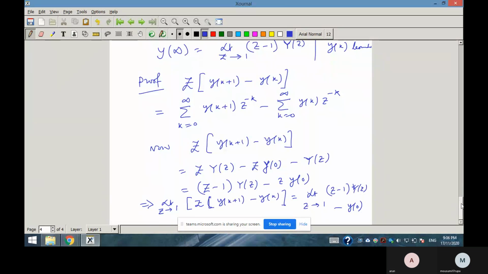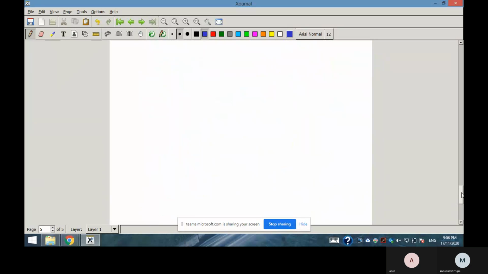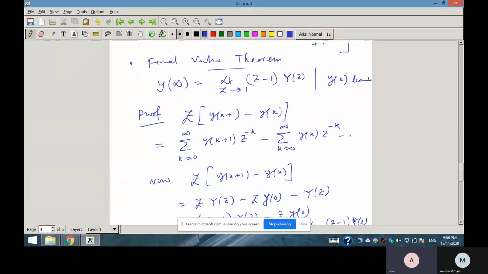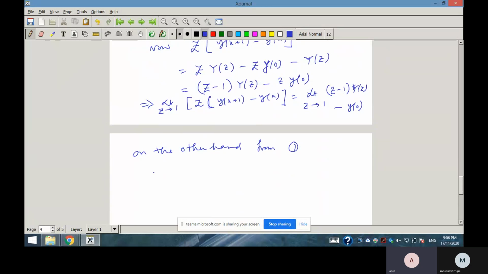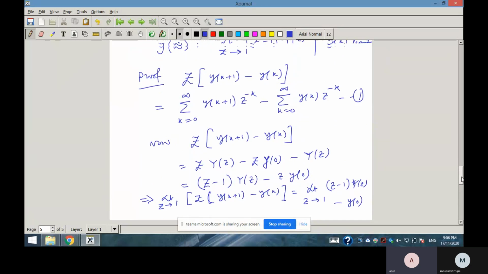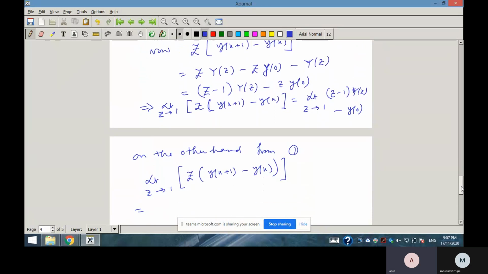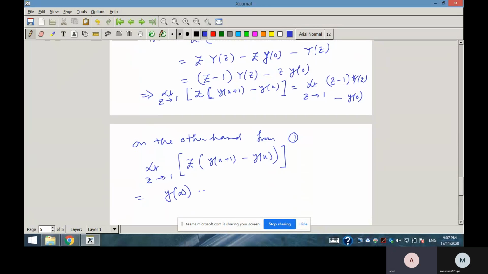On the other hand, from the summation expression, if you put z tends to 1, it will be y infinity minus y0.